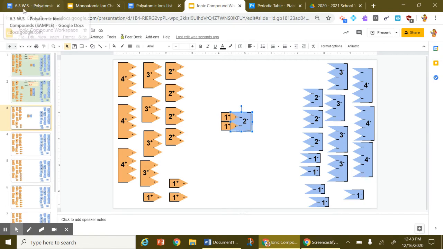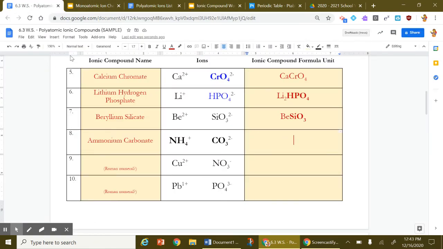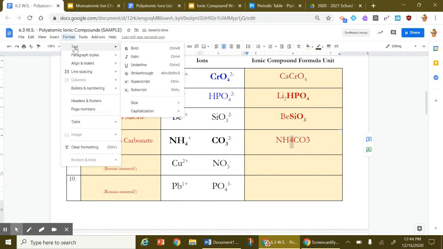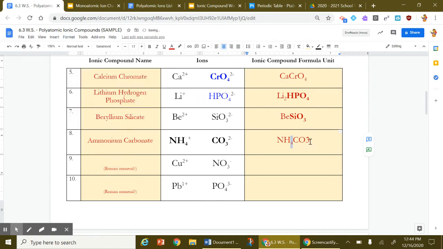Now let's take a look and see how we write this. I want to write that I have 2 ammoniums in this compound. NH4, CO3. How do I communicate that I have 2 ammoniums here? Now, what you're not going to do is double these numbers. You're not going to say NH2H8.